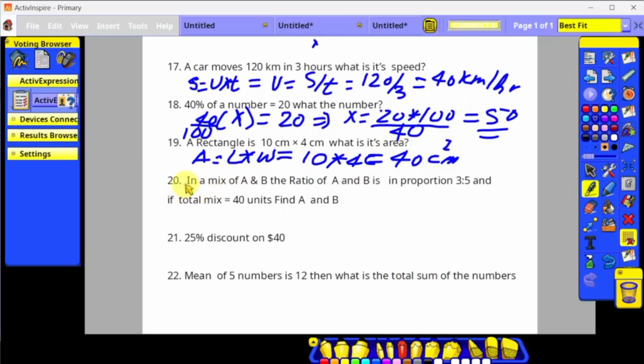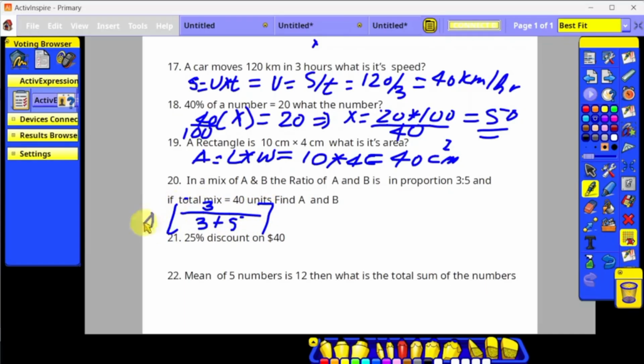The next question says in a mix of A and B, the ratio of A to B is in proportion 3 to 5, and if the total mix is equal to 40 units, find A and B. Let's assume 3 plus 5 is the total mix. Then A should be 3 over 8 of the total mix, which is 40.